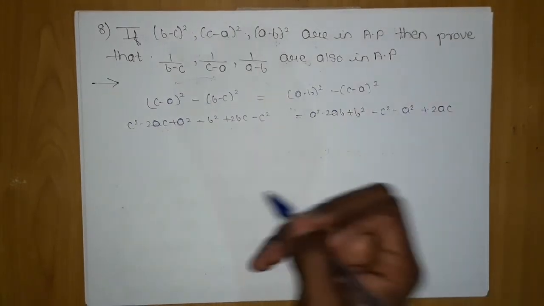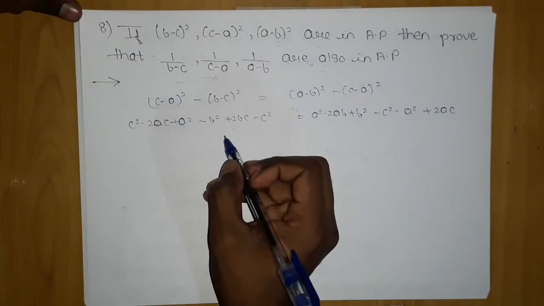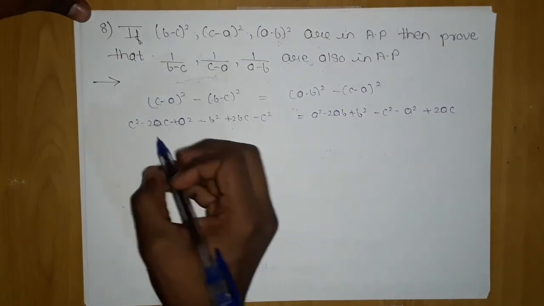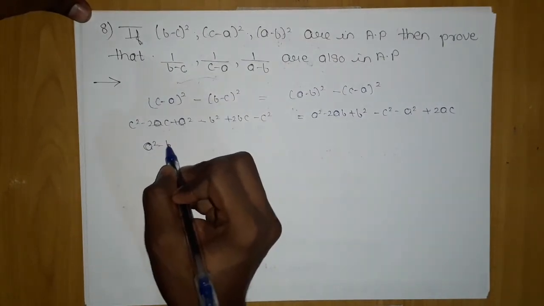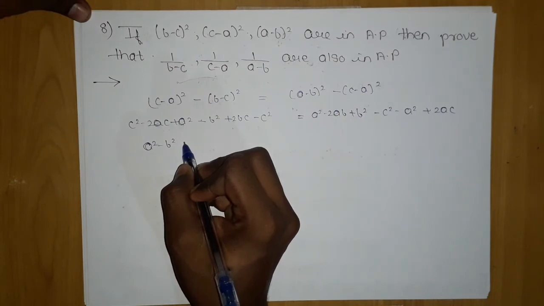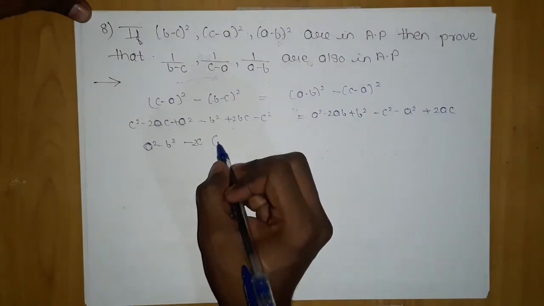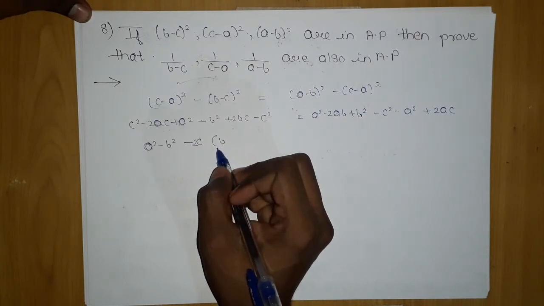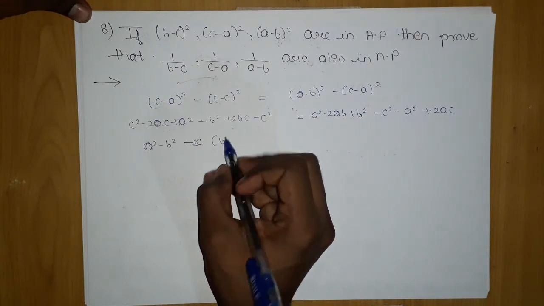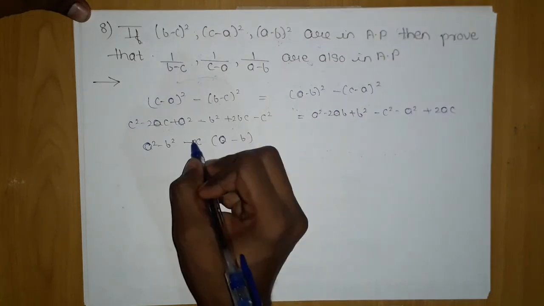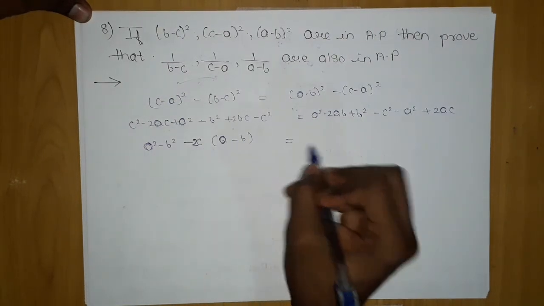What we are getting is that c is cancelling out. We are getting a square minus b square. If I take minus 2c out, we have a minus b.